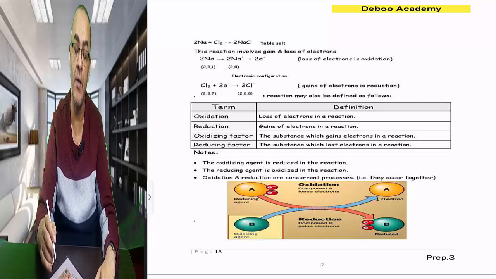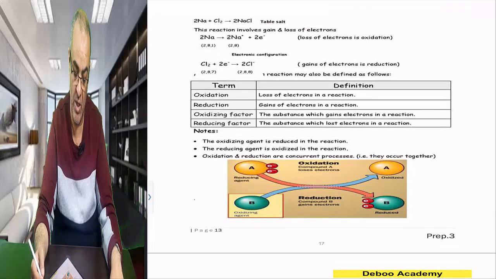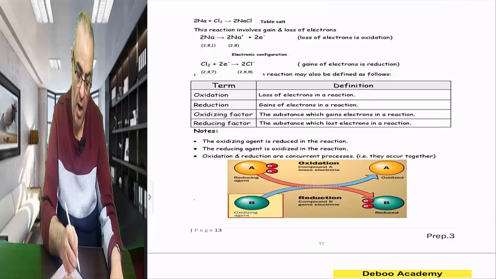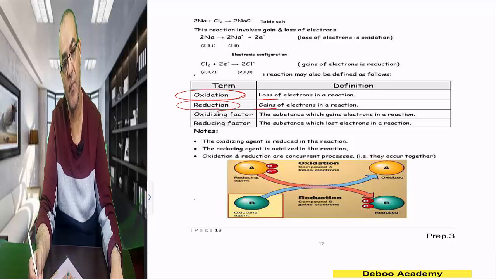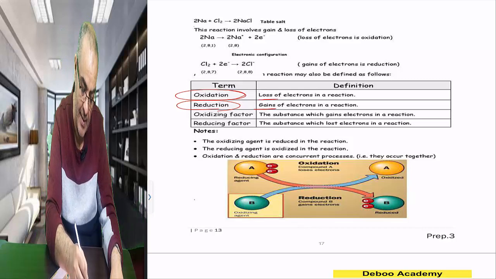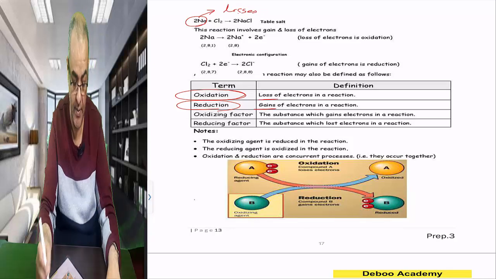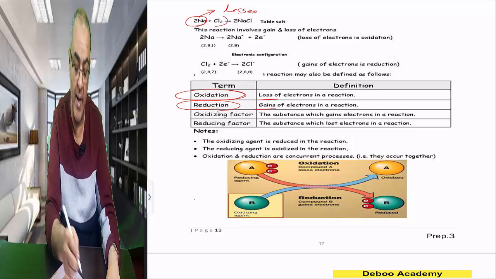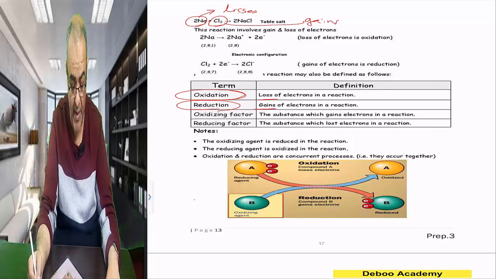This is a new explanation of oxidation and reduction. Oxidation, as we see here, is the loss of electrons, and reduction is the gain of electrons. When an atom loses electrons, such as sodium, oxidation takes place. When chlorine gains electrons, reduction takes place.